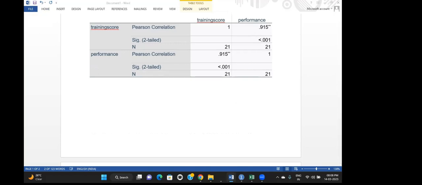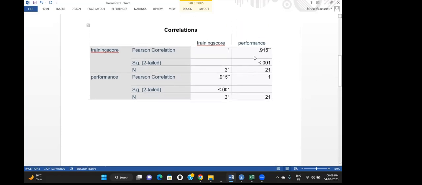Okay. So when will we come to know whether the null hypothesis is to be accepted or the alternate? So this is the p value, the significance value, that will decide whether we have to accept the null or the alternate.